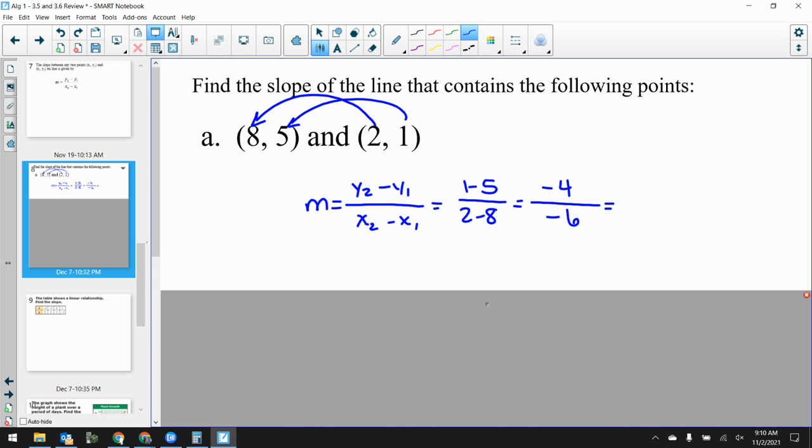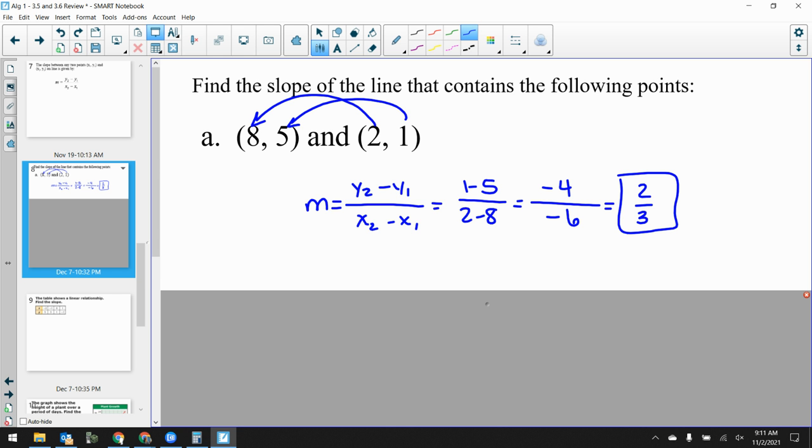I cannot leave the slope like that. -4 over -6 is a positive 2/3. You can't leave it as a negative 2/3. You can't leave it as 4/6. You've got to reduce it to a positive 2/3.